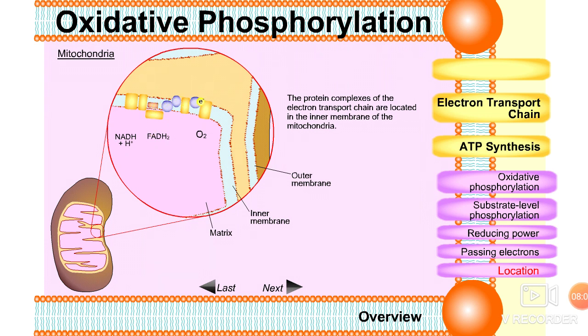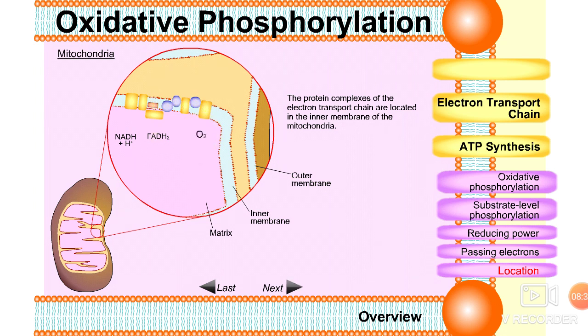Complex 3 is coenzyme Q cytochrome C reductase. Complex 4 is cytochrome oxidase. And complex 5 is ATP synthase. These complex enzymes are located within the mitochondria, on the inner surface of the inner mitochondrial membrane.